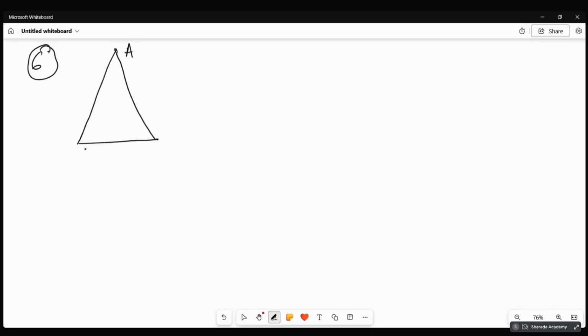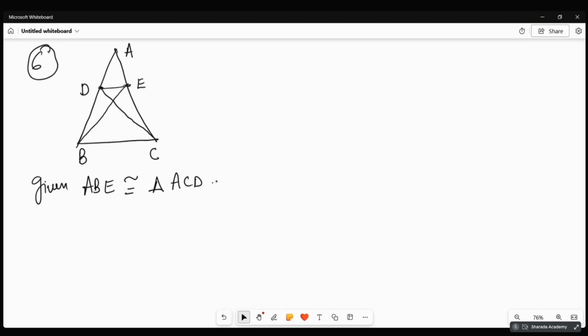This is A, B, and C. One point you will call D, the other E. Okay, they have joined the lines. Now, in the given figure, triangle ABE is congruent to triangle ACD.